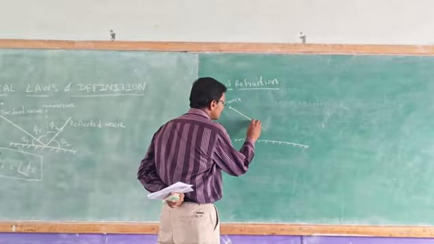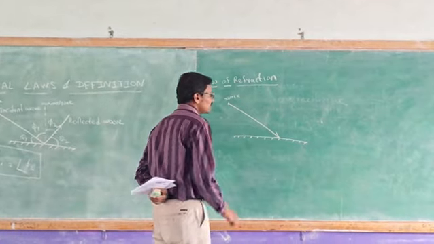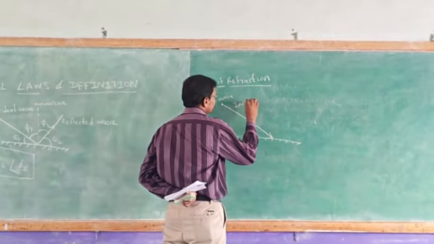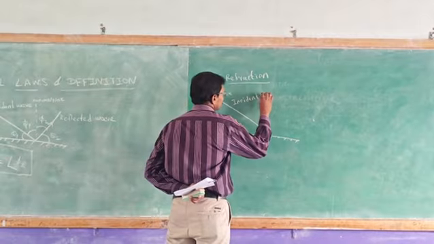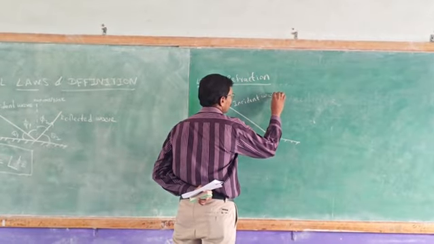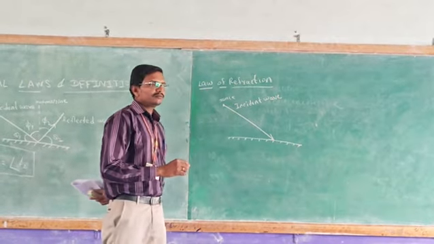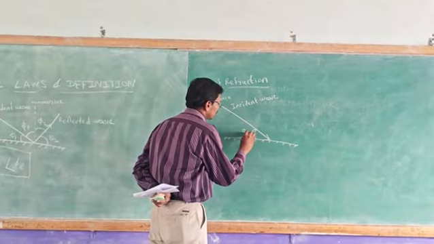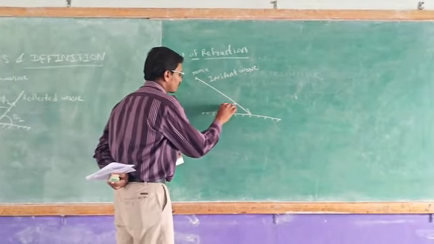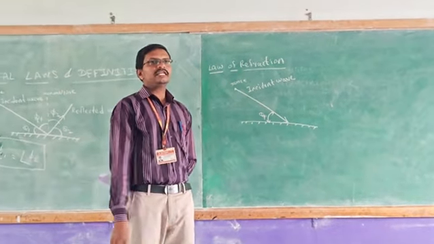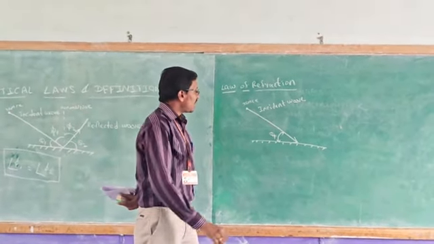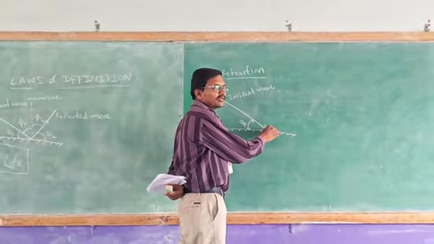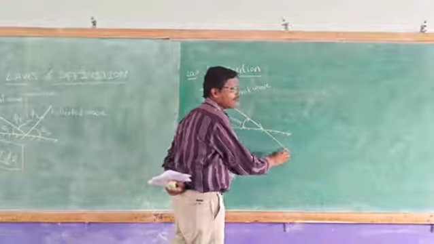So we are going to pass the light. This is the angle of the incident wave, theta 1.